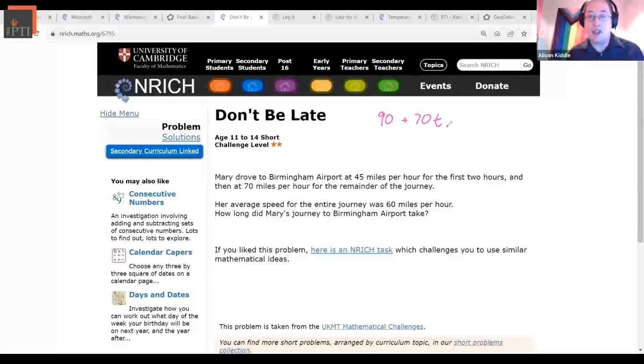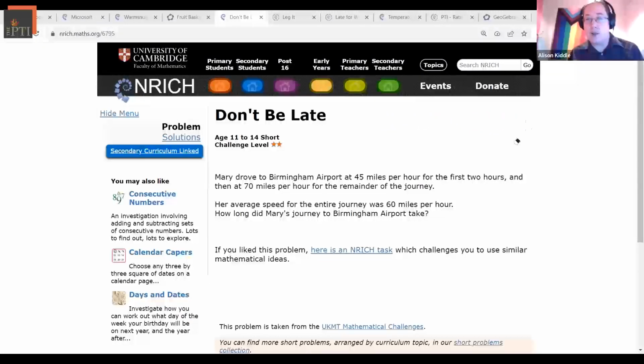That's her total journey. But that's got to be the same as if she did the whole journey at 60 miles an hour, which is just 60 multiplied by t plus 2, because it's the unknown number of hours and then the extra 2 hours she did at the start. And so I can solve that and get a value for t. That's the sort of instinct that I think a lot of maths teachers have to solve it.